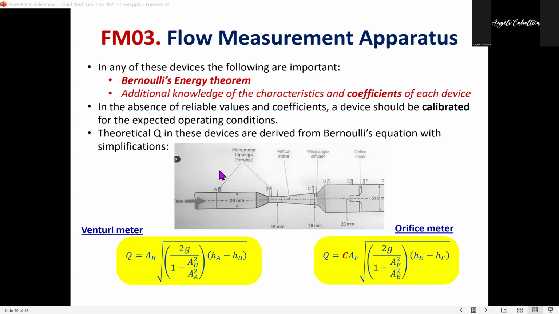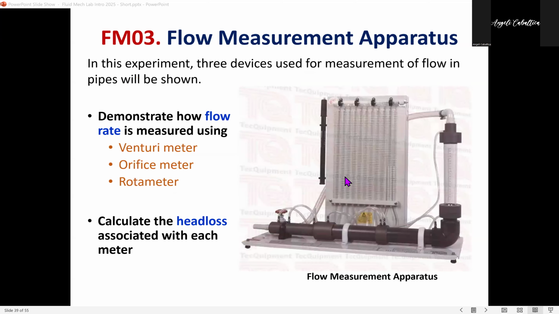This is the height of water connected to A and to B. This is how it looks here. This is where you will measure h_A and h_B. So I think this is the A. So if this is A, you would have to look here, the height of water over here.